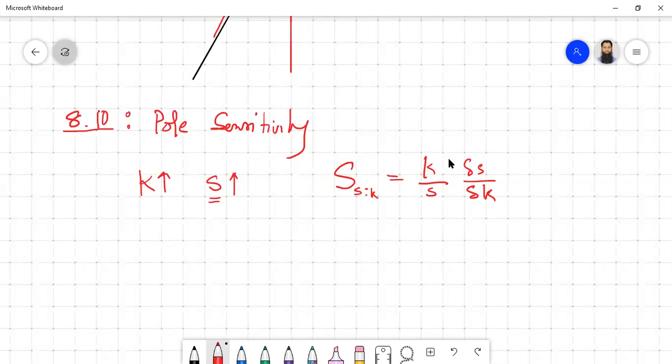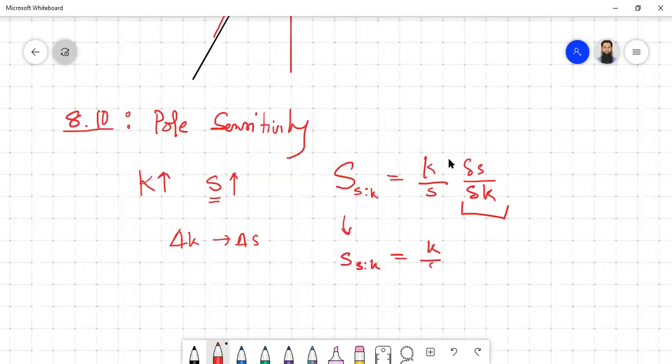And if you want to know, for a change of del K, how much change we have in del S, then we can change this formula a bit. Instead of the derivative, we can also represent it with a small change.